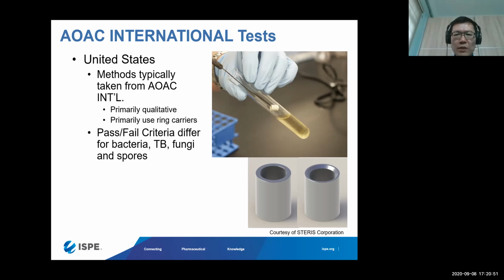And then finally you take it out and put the whole penny cylinder into the growth medium with the neutralizer for incubation. At the end of the incubation, you will check whether there is growth or no growth. So there is no enumeration, that means there's no counting. It's just a pass-fail test.